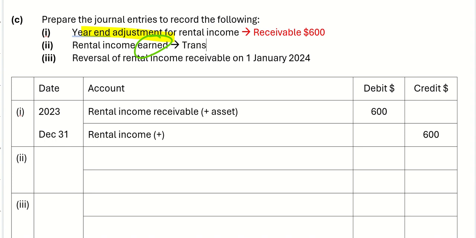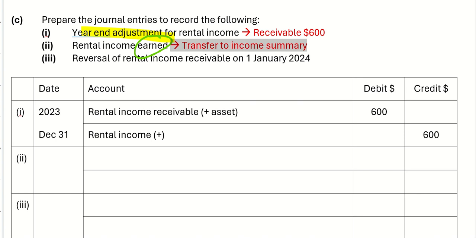We mean we need to transfer to income summary. And if I want to transfer to income summary, how much is the amount that I'm going to transfer? It must be the 3,600. Basically, the $300 times the 12 months. Everything, the services that have been provided.